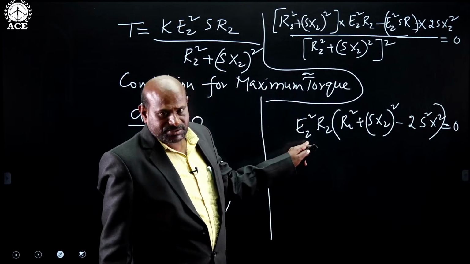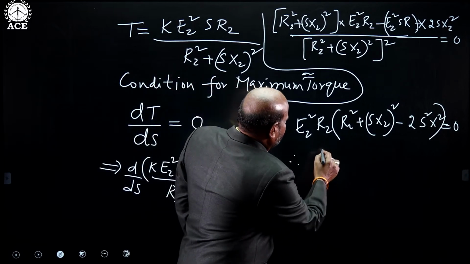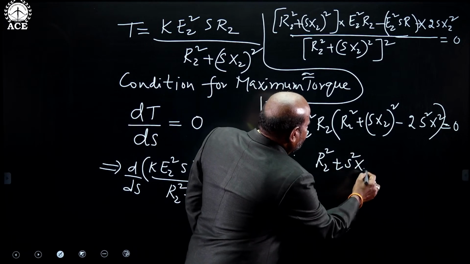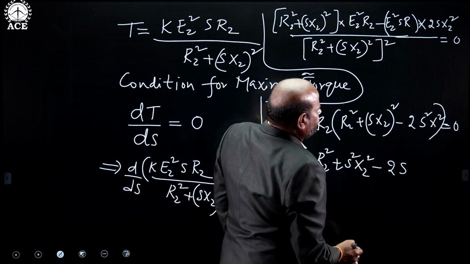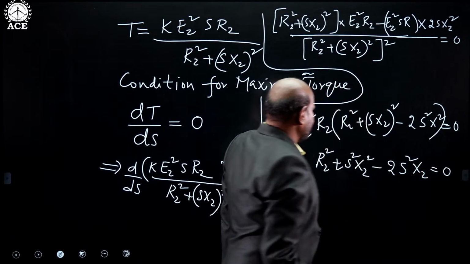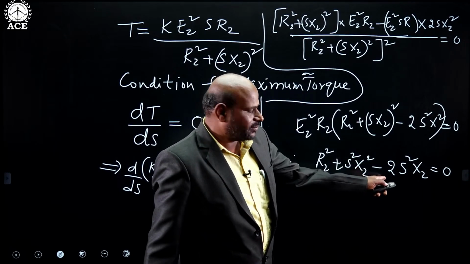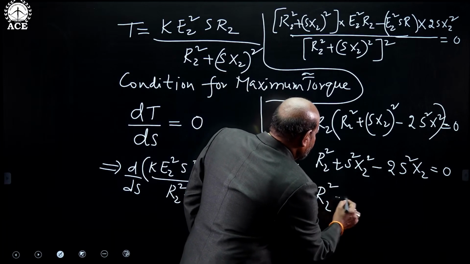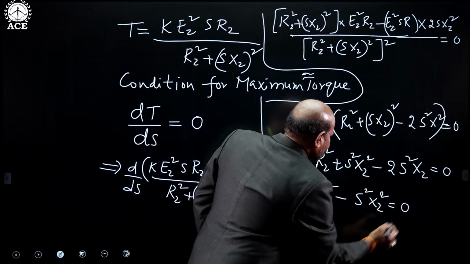E2 square R2 is constant, we can equate it to 0. So therefore we have R2 square plus S square X2 square minus 2 S square X2 square equal to 0. That is, R2 square minus S square X2 square equal to 0.